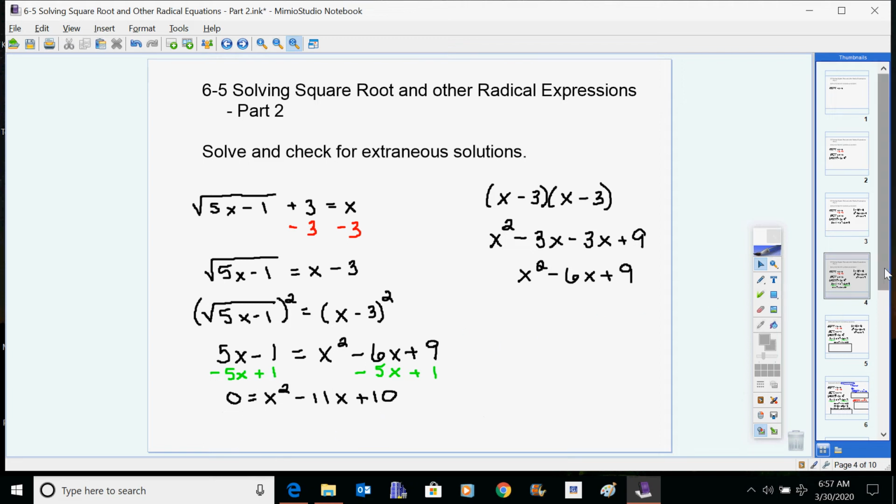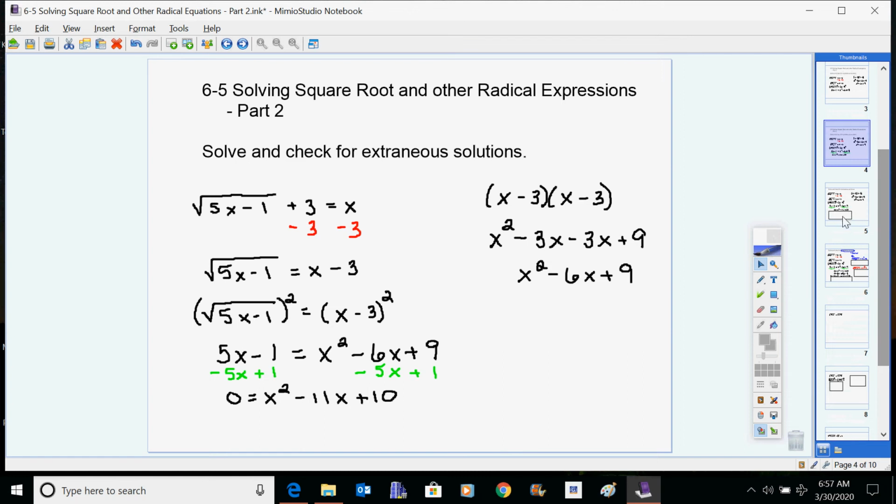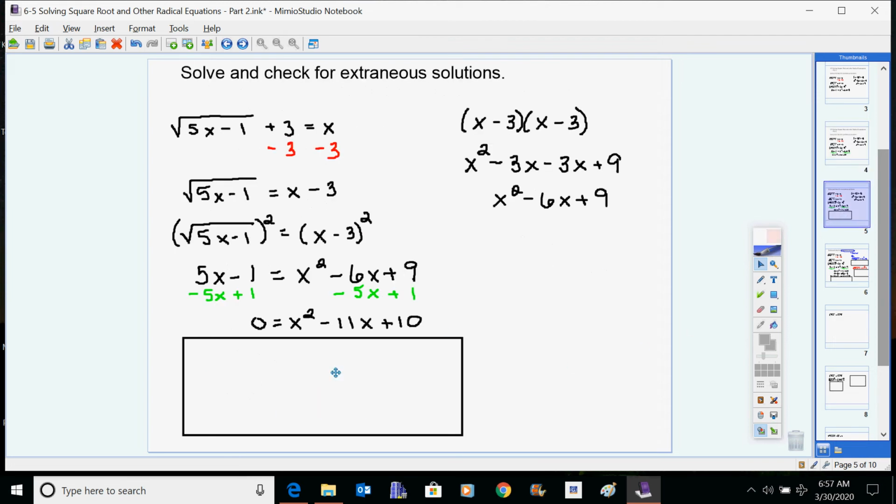And you know that there are many ways to do that. You've got the quadratic formula. This one, though, is very, very easy to factor. You always want to look for the easy things to do first, like factoring. If you recall, you're looking for factors of 10 that give you negative 11. So you would be looking for a negative and a negative.